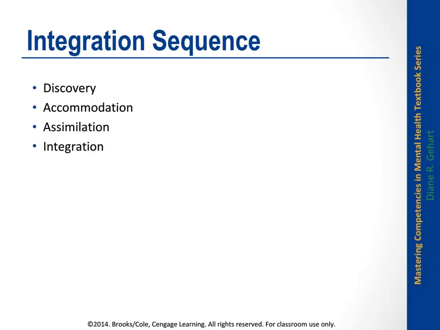And then there's assimilation, where you begin to make it fully part of you, shifting the actual identity. And finally a full integration, where the new behavior is just seamlessly who the person is and becomes a natural part of who the person is. And again, this may not just be one sequence; this may happen multiple times throughout the counseling process, depending on what the client brings to the table.